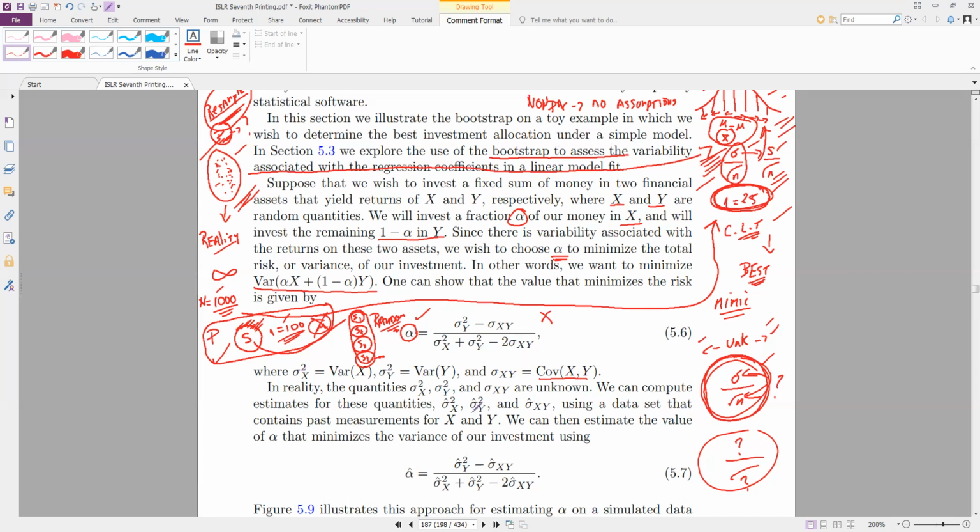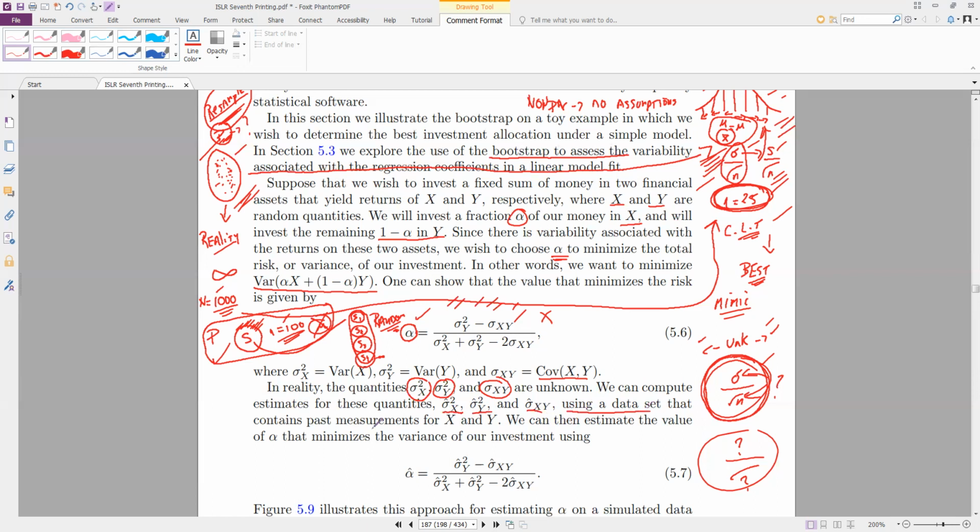The point of what they're talking about here is that we don't know these values in the function. That could be true for any particular parameter. We don't know what the function values are, so as usual, we have to estimate them. So there are our estimates with the little hat values. How do we estimate it?